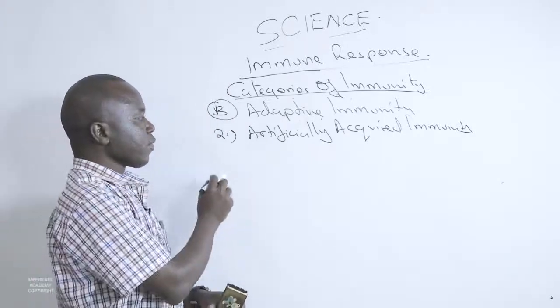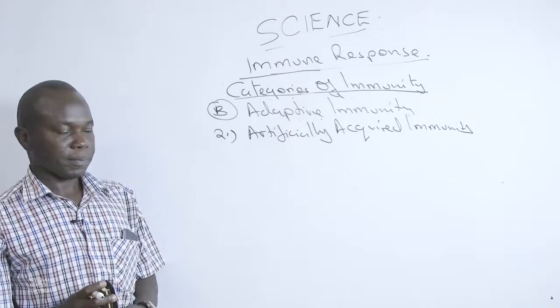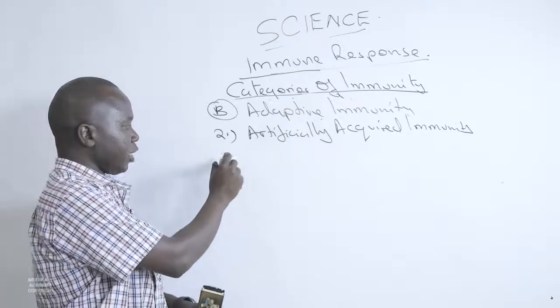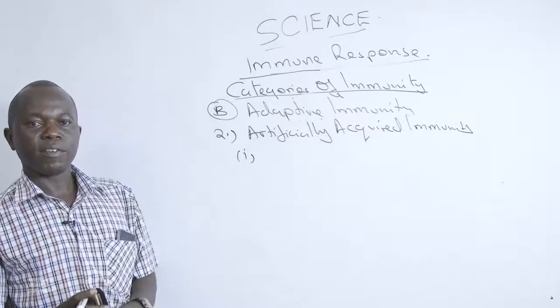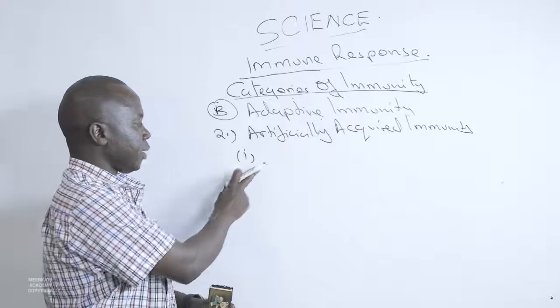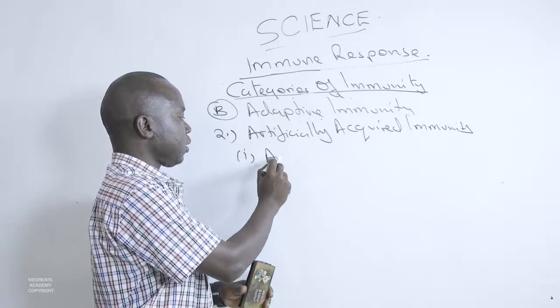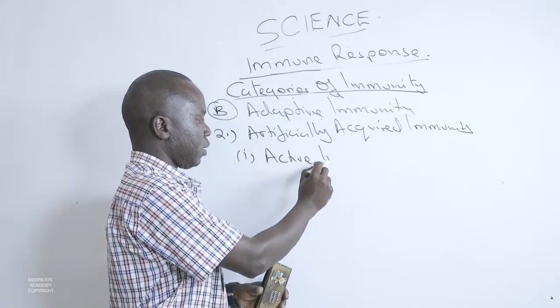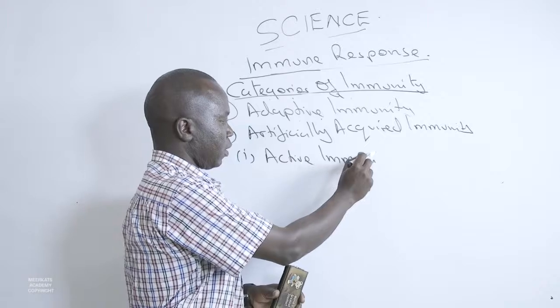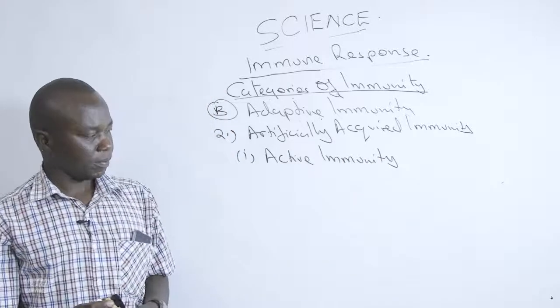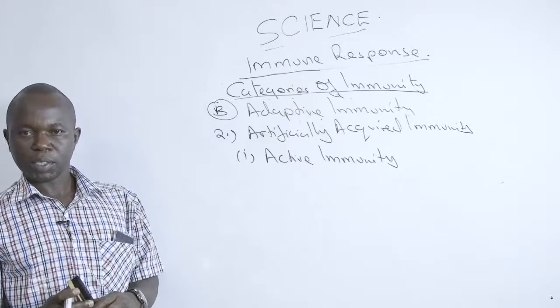Four. So in artificially acquired immunity, we have two types. We have active immunity. So what will be active immunity?